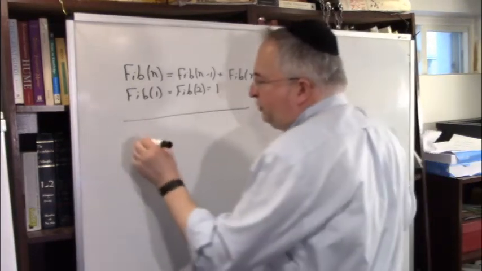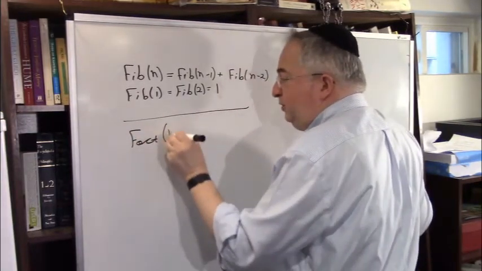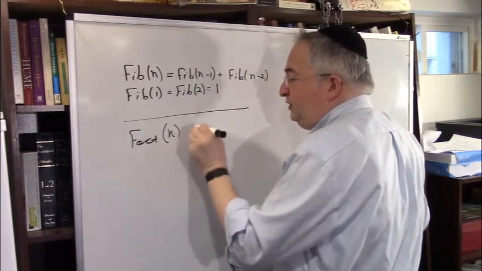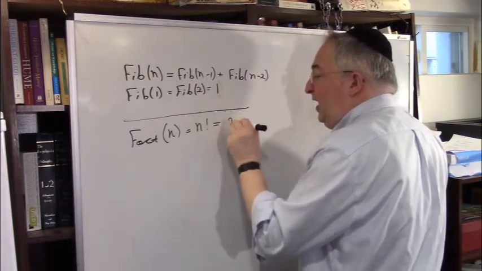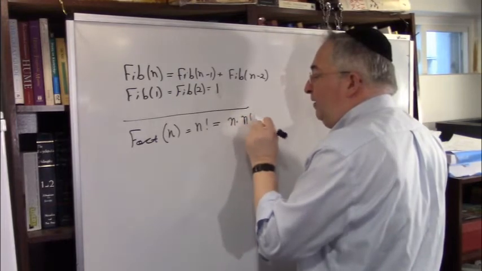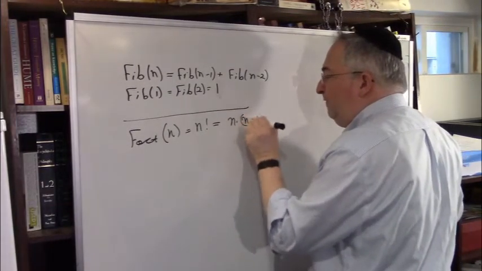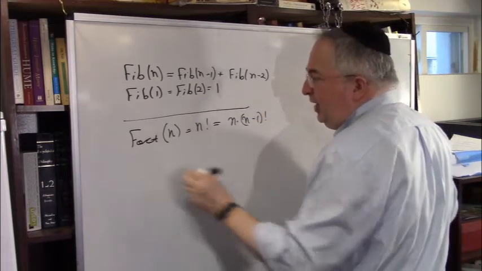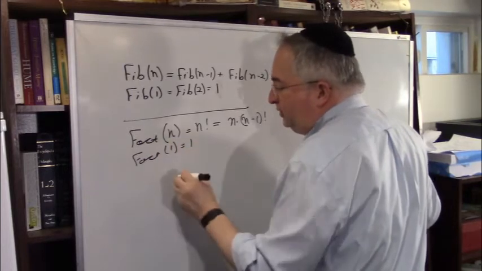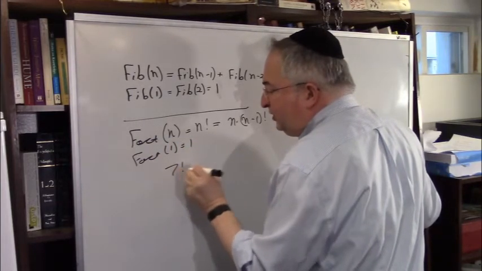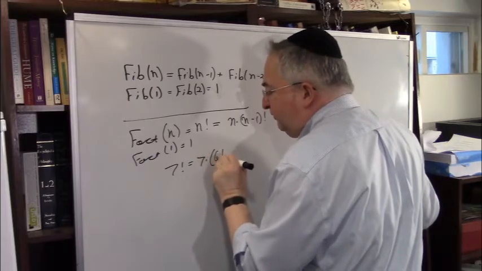A more interesting example, which you probably programmed the first semester in computers, is the factorial. So n factorial is defined as n times (n minus 1) factorial. And factorial of 1 is equal to 1. So 7 factorial is equal to 7 times 6 factorial.